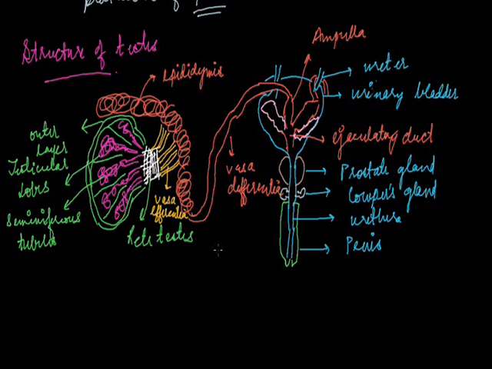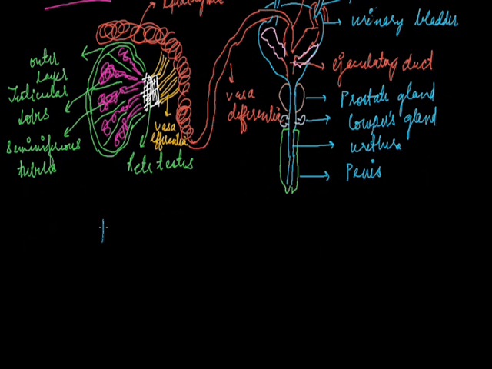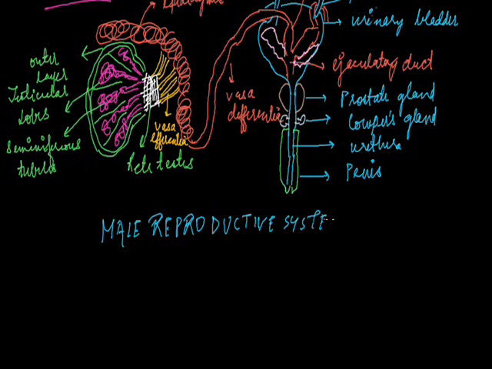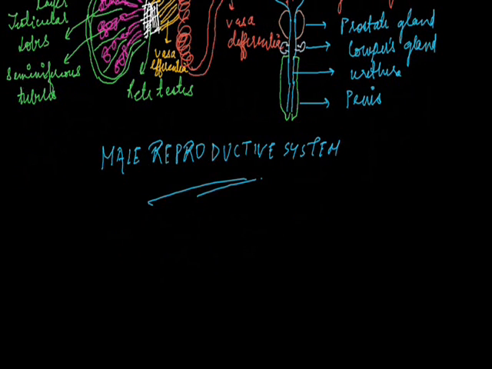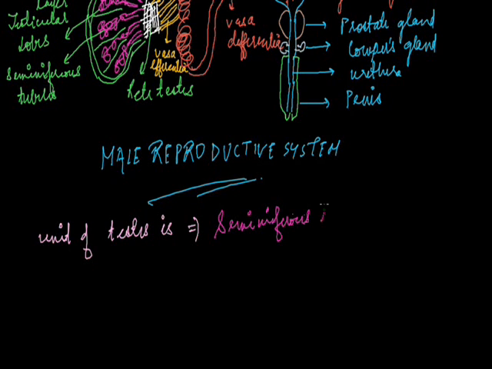Now this is the whole male reproductive system. Now coming on to the internal structure of the testis, the unit of the testis is the seminiferous tubule. It is 1 to 3 in number in each lobe.